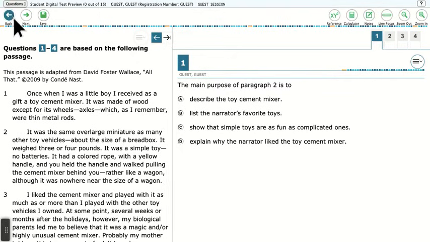Okay. The buttons up top, the back and next, are what's going to take you to the next question. And what we can see is that there are 4 questions here that are all going to be connected to this particular passage, which is adapted from David Foster Wallace's text called All That, right? Now, up at the top over here on the right, you have a couple of things. So the first 2 have to do with the math portion of the test.